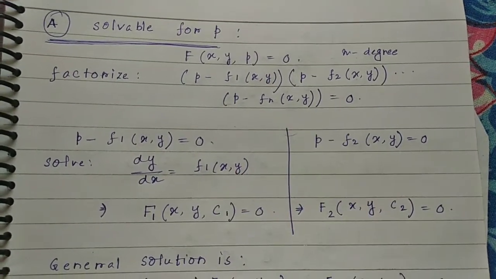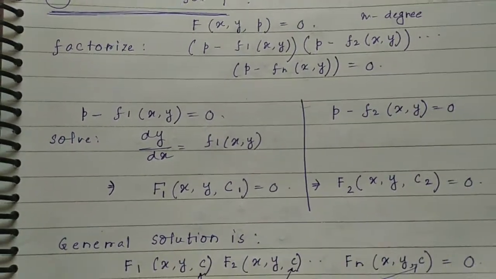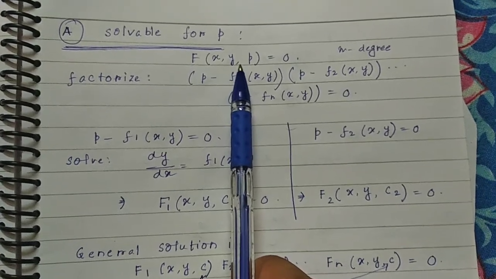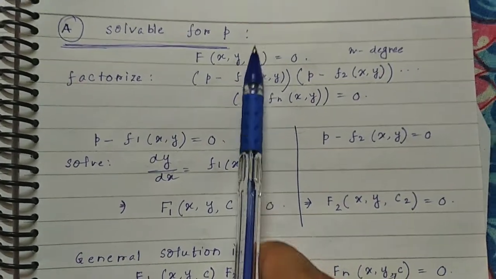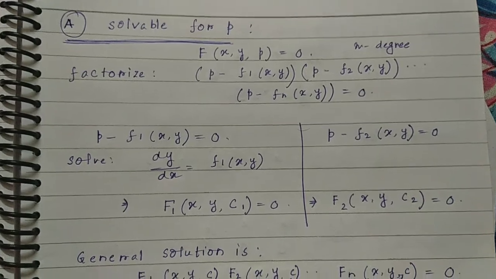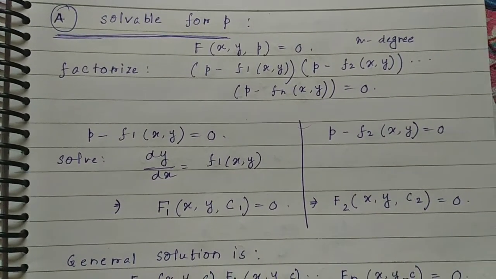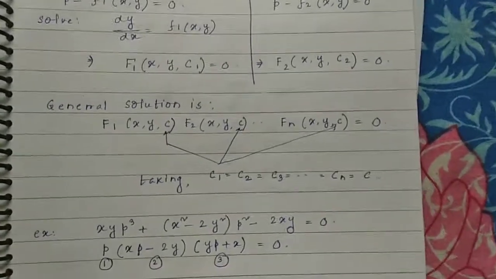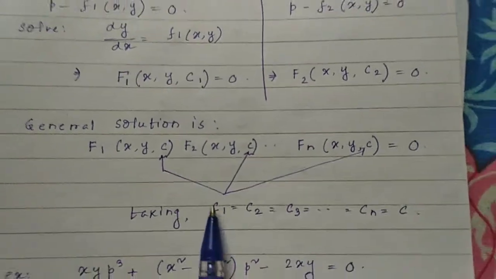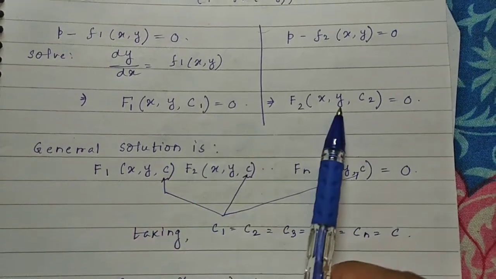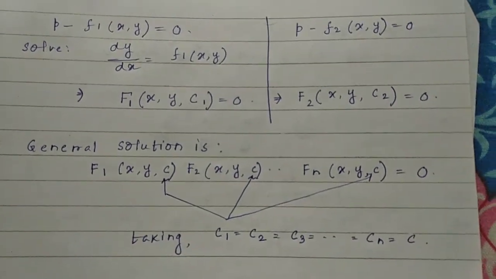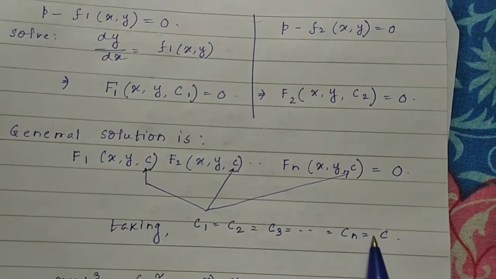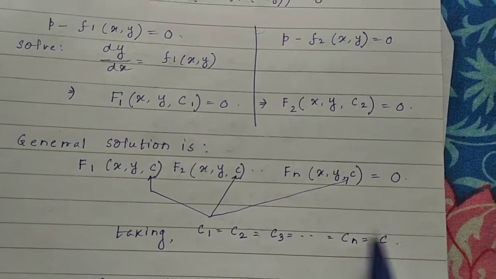So now how to write the general solution of the given differential equation? The given equation is of nth degree, but it is a first order equation, so any first order equation should have only one constant. So we take all these c's, c1, c2, c3, to be equal, and call this common constant c.